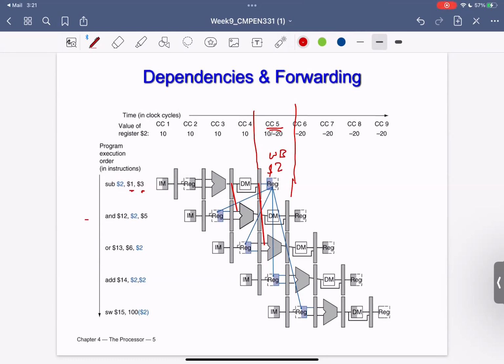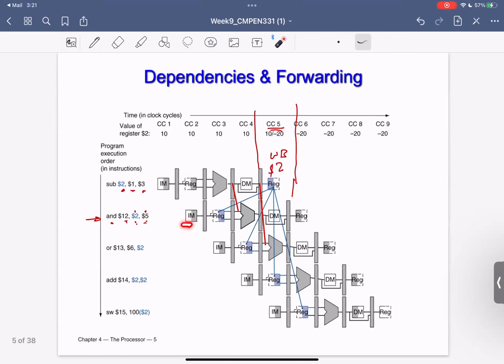Let's see the next instruction. The next instruction is AND register number 2, which needs the information that is here, ANDed with register number 5, and then puts the result in register number 12. If this is the case, here I will fetch my instruction.